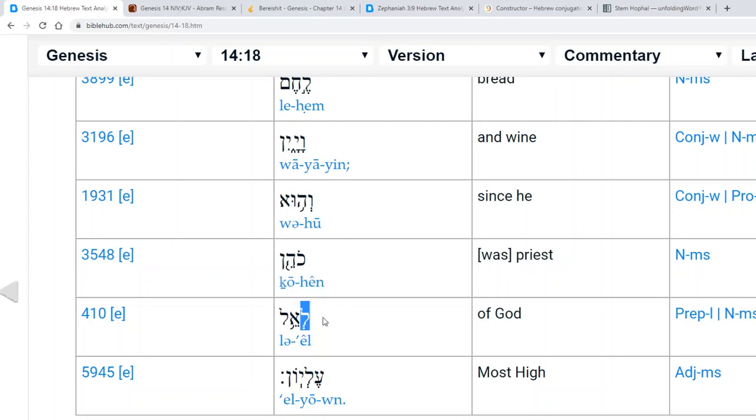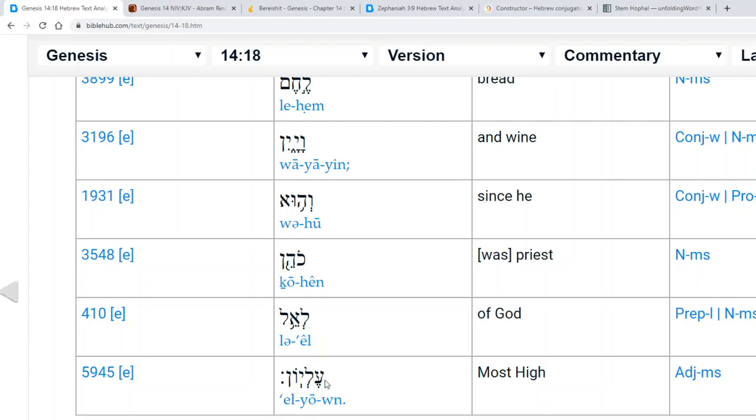Le'El, so prepositional lamed. This is the short name of God, Aleph Lamed. Le'El Elyon, to the God Elyon. They're translating most high. Like we said, Aliyah, we talked about going up to the land. The root is Ayin Lamed Yud or Ayin Lamed Hey.